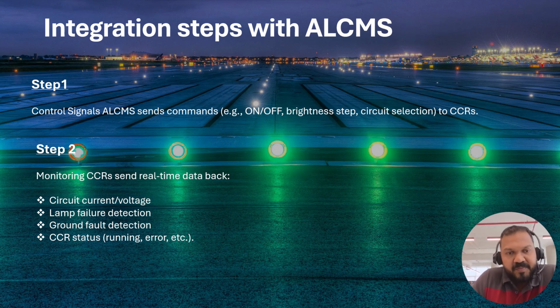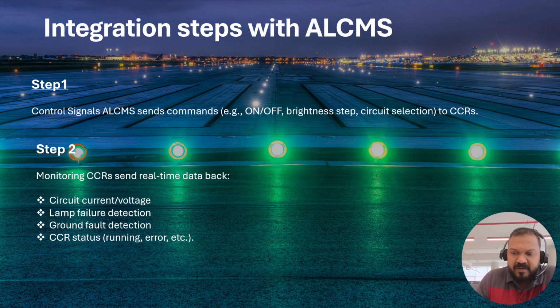In step 1, control signals: ALCMS sends commands to the CCR, on/off, brightness steps, circuit selection. That's it. Then step number 2, monitoring: the CCR sends real-time data back. Circuit current, voltage, lamp status, ground fault, then CCR status, running, error.